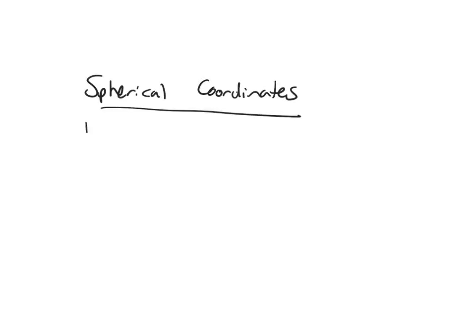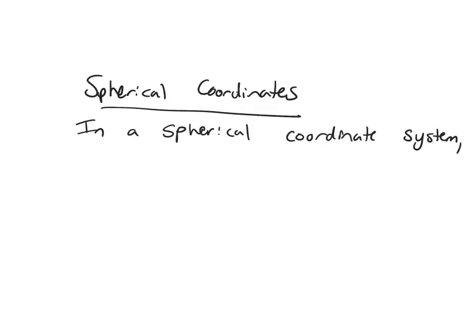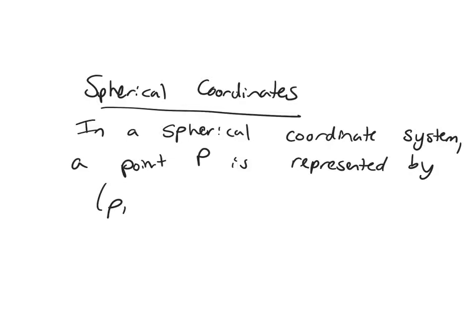All right, so now that we have a handle on cylindrical coordinates, we're going to talk about spherical coordinates. So in a spherical coordinate system, a point P is represented by the ordered triple rho, theta, and phi.